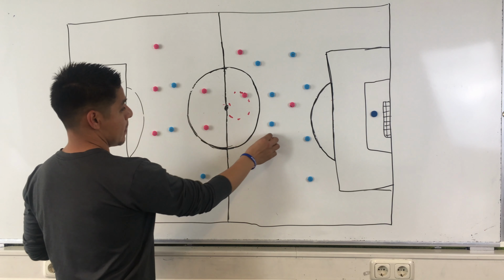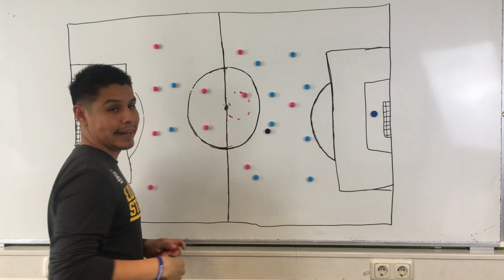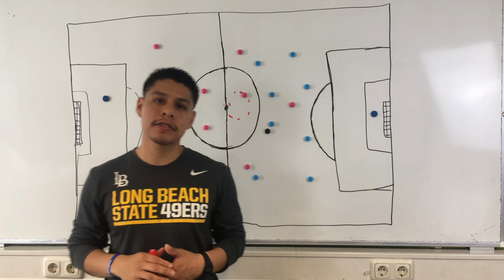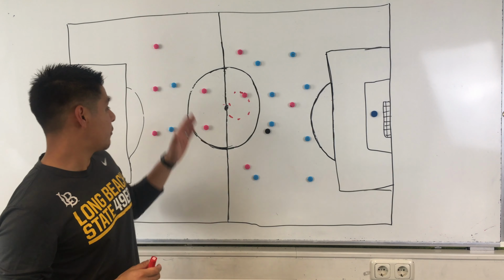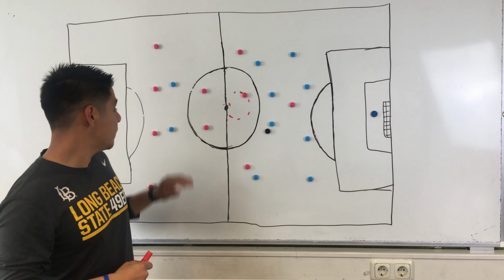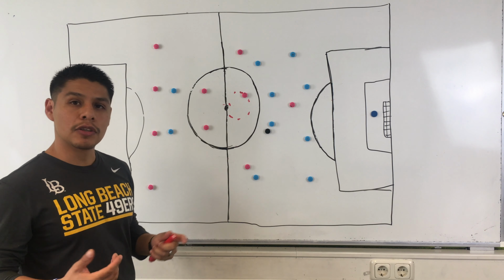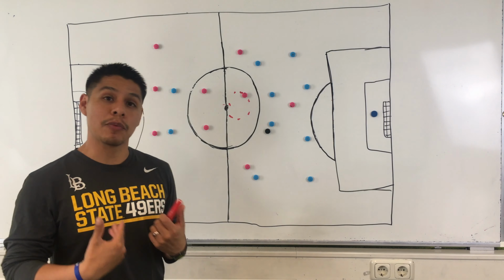So, that being said, attackers really need to fend for themselves, and first of all, have an understanding with one another, right? Because the balls that they do receive, they will have to share.